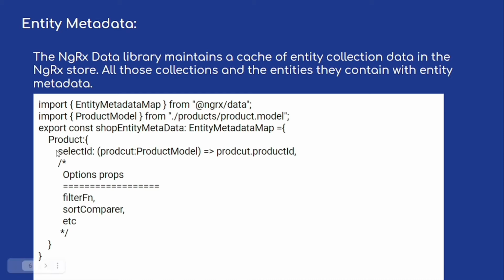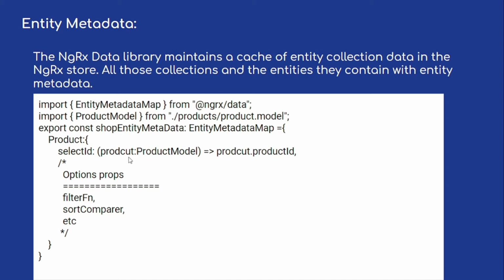So this is an optional line. If you have an ID property in your response model, then NgRx data automatically treats it, because in an entity collection it is maintaining entities, right? Every entity should contain a primary key. That is the mandatory functionality for using NgRx data.